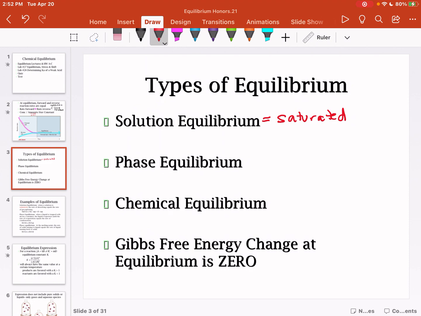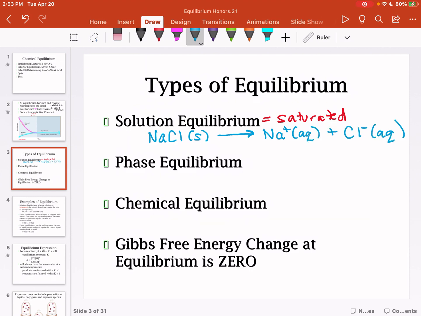And so what happens in solution equilibrium, say for example, I have sodium chloride. Sodium chloride as a solid, I know I can put it in water, and as we very well know, the ions will dissociate. And I'll get aqueous sodium ions and I'll get aqueous chloride ions.